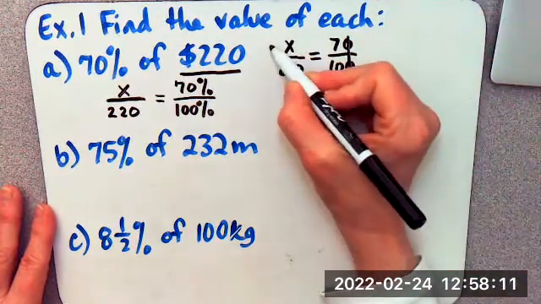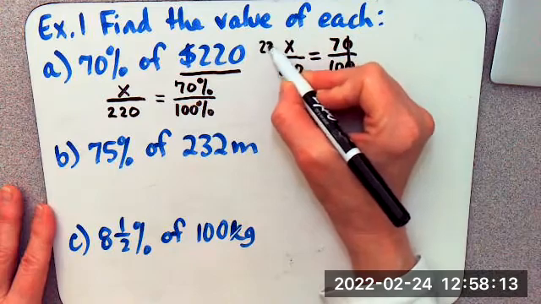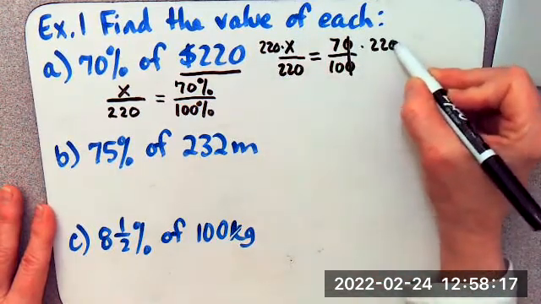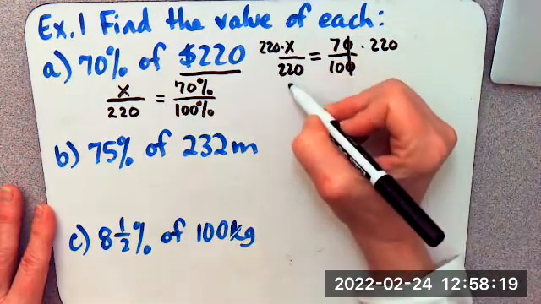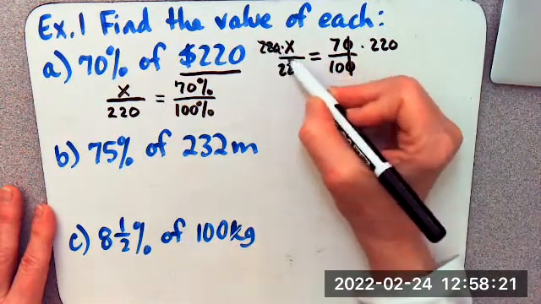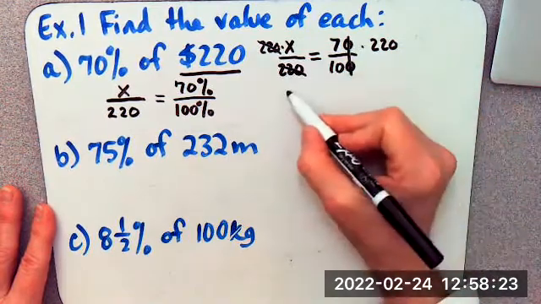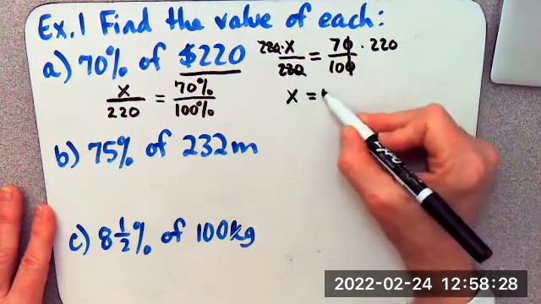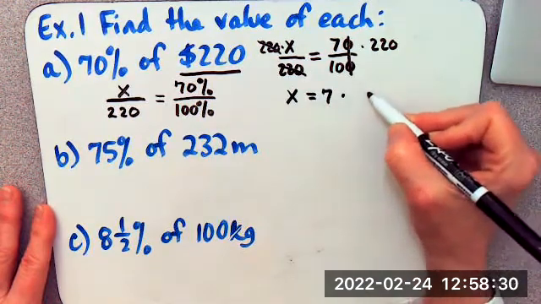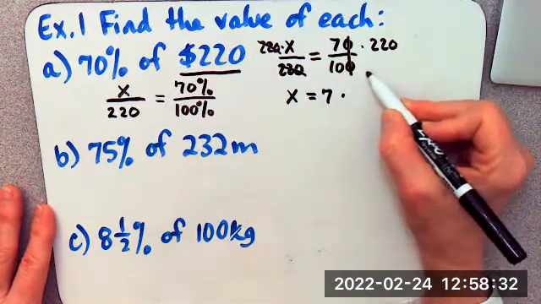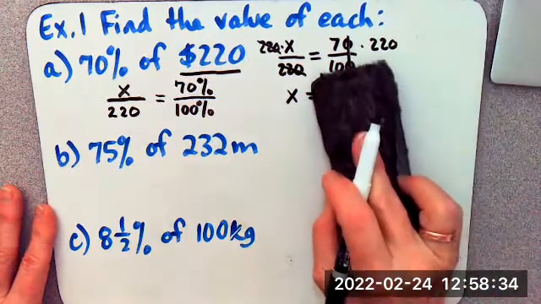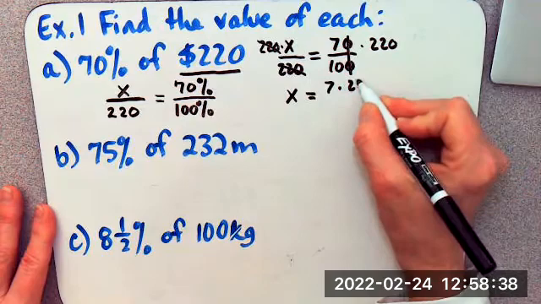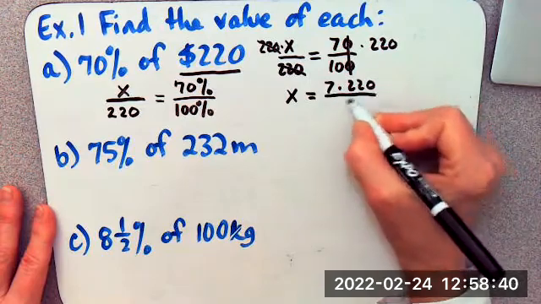So now if we multiply by 220 on this side and 220 on this side, we have 220 over 220, which is also 1. So now we have X equals 7 times, and then we can, well, let's write this like this: 7 times 220 over 10.